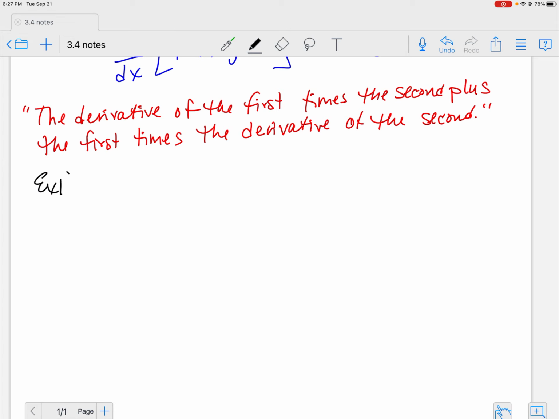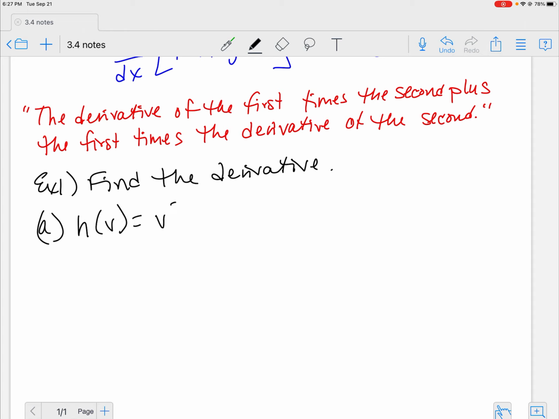So here's example 1. We're going to find the derivative. We have h of v is equal to v squared times 2 square roots of v plus 1.